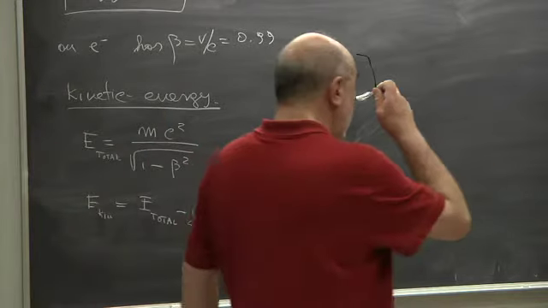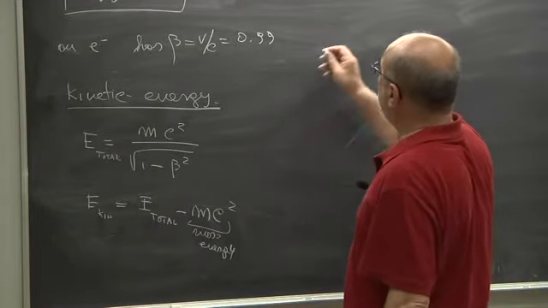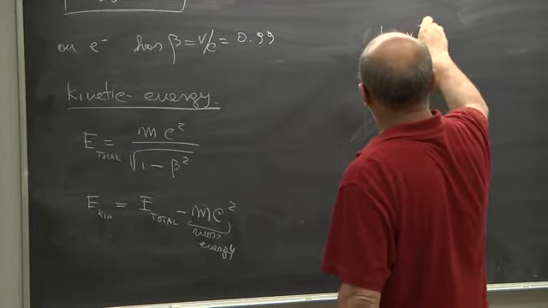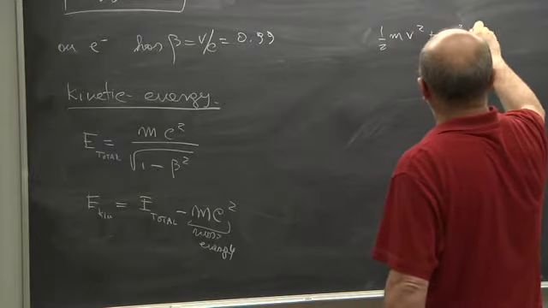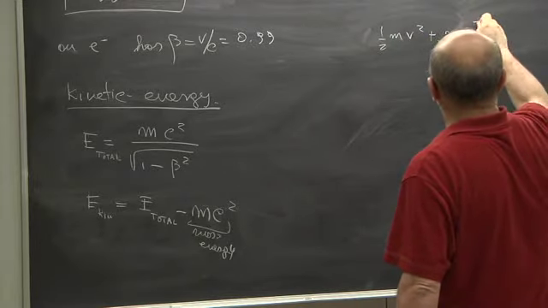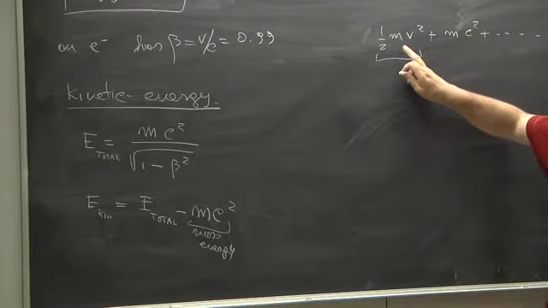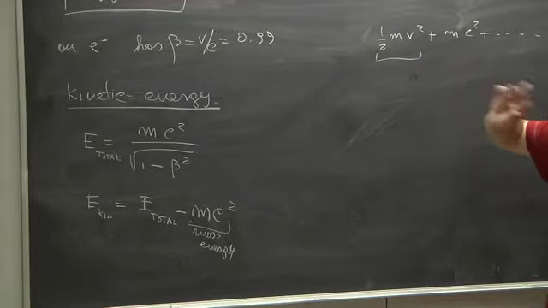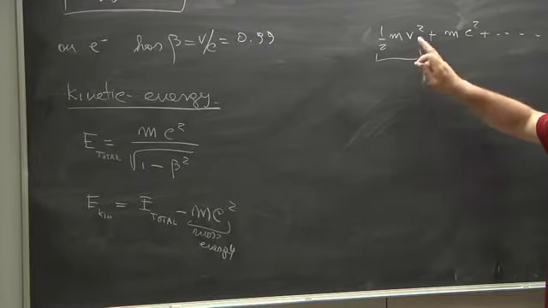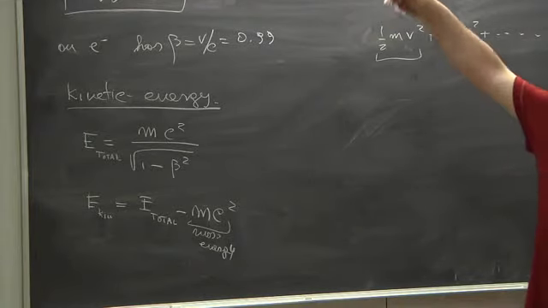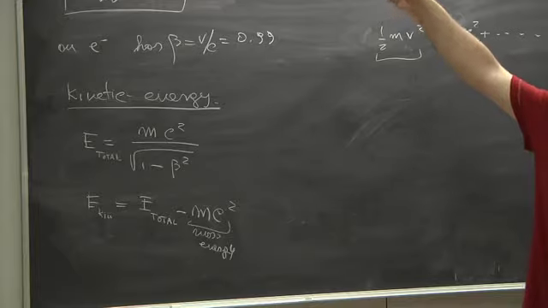If you do the expansion, you would get the 1/2 mv squared plus mc squared plus extra terms, okay? I did not ask the non-relativistic kinetic energy. I asked the kinetic energy, period. That means relativistic, so you have to do this plus all the other terms. You understand? You would have to continue the expansion.